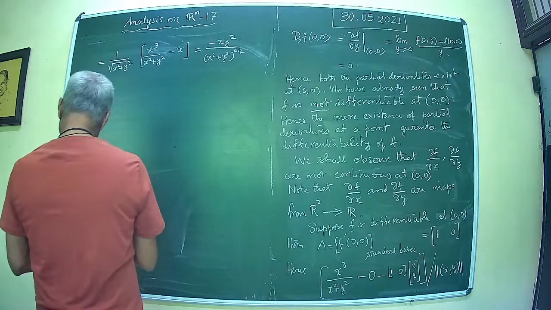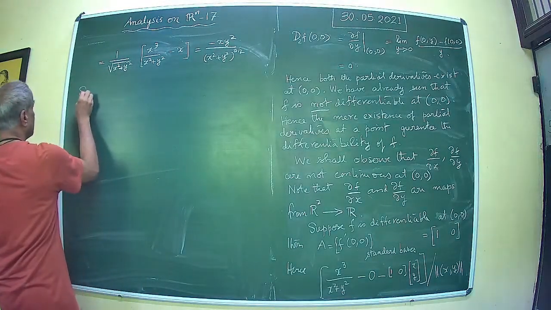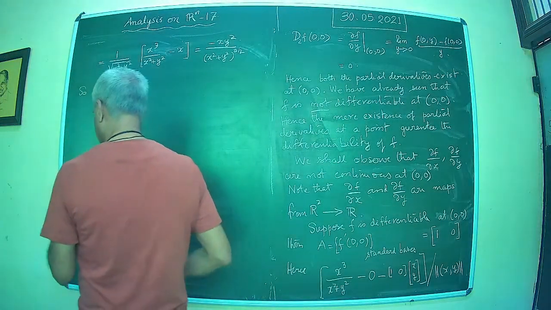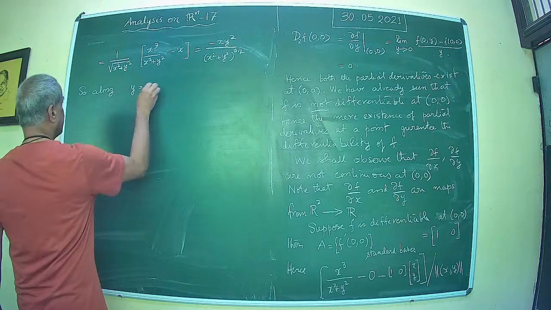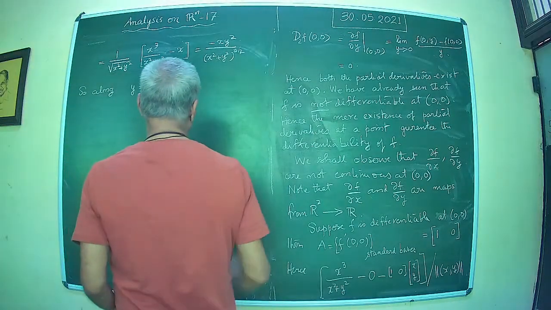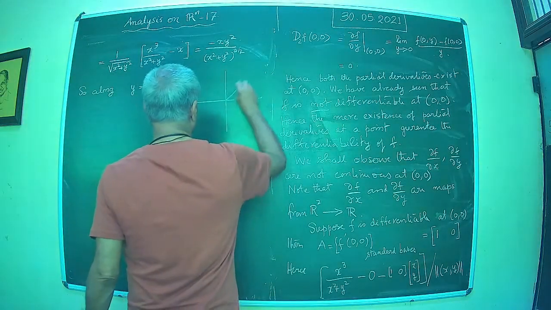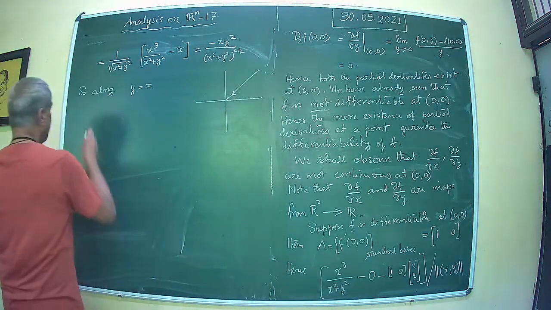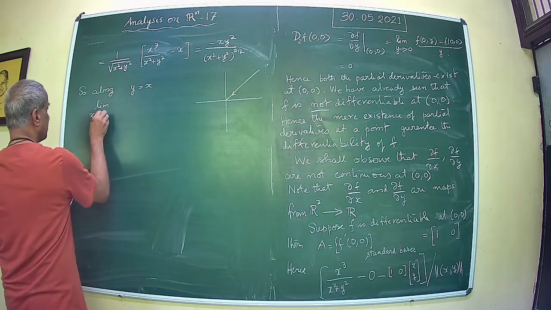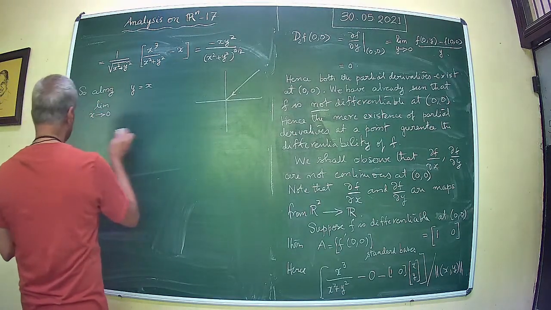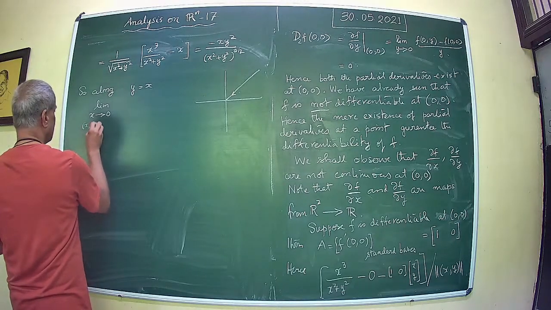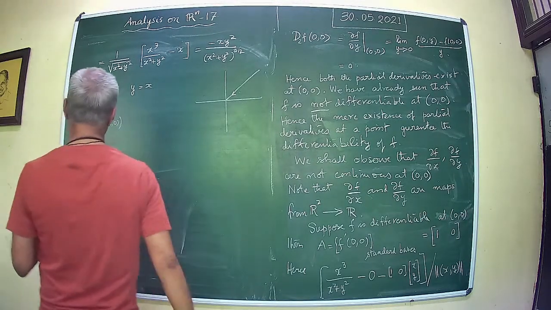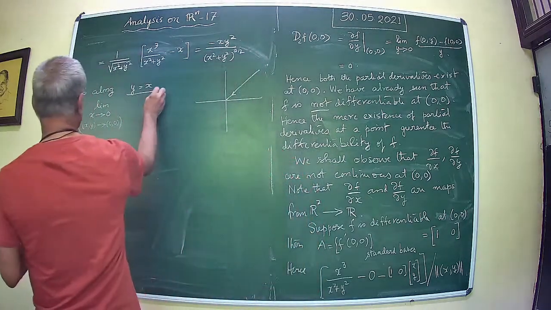And what you can say is, along the direction y equal to x, this is the direction, we see that the limit, which is, this is the condition because we are fixing along this line.